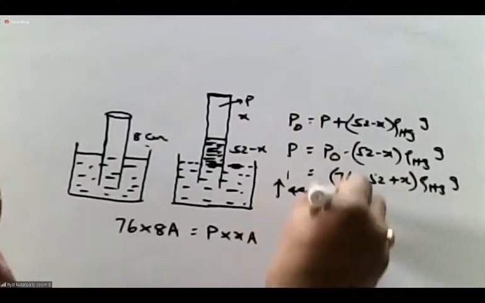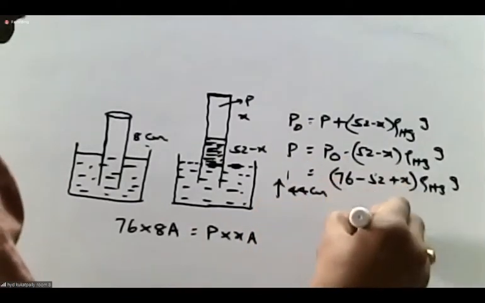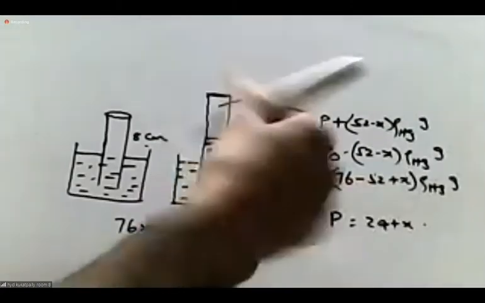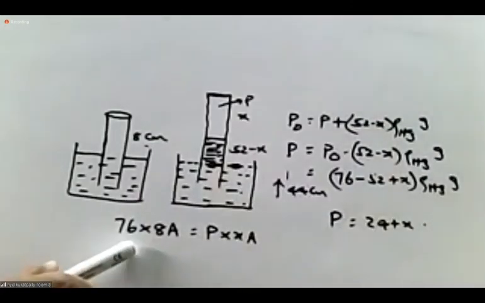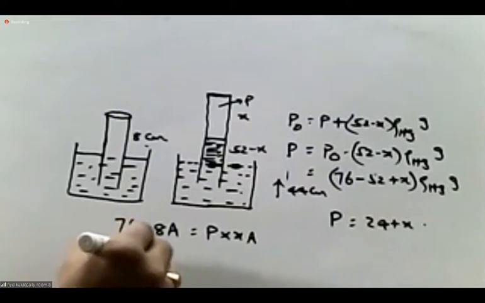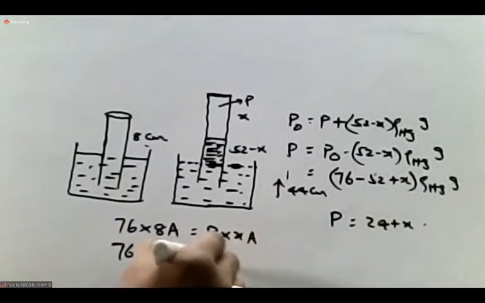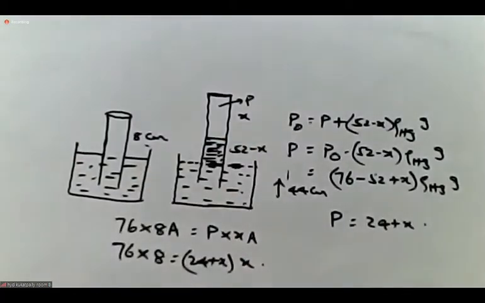Thus the pressure P has become 24 plus X. Rho mercury into g I am not writing because I have not written it here either. So 76 into 8 is equal to (24 plus X) into X. Finish. That is your equation.